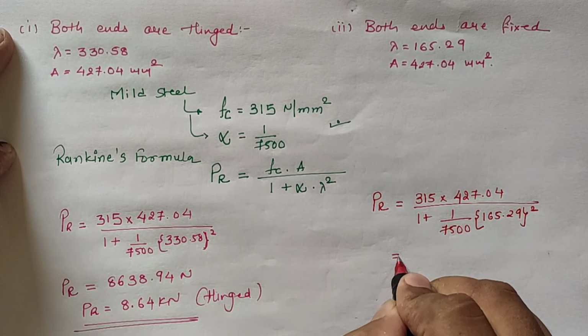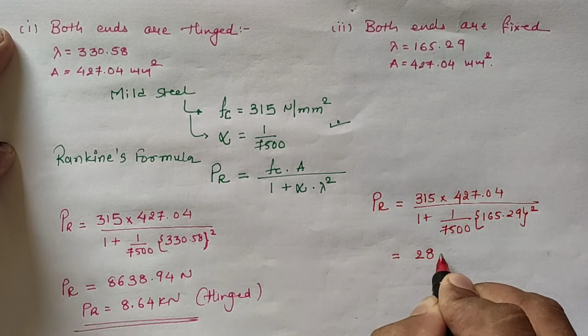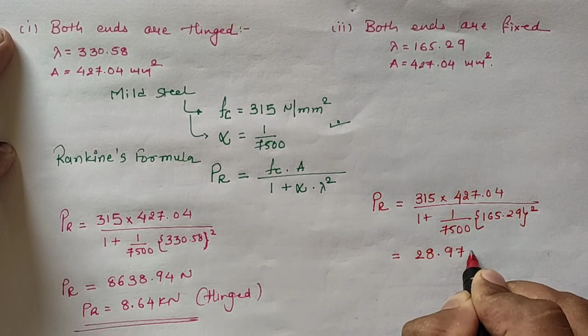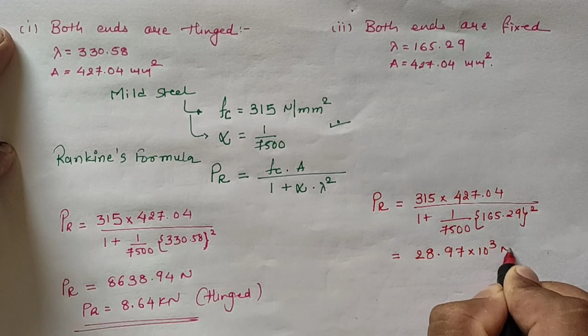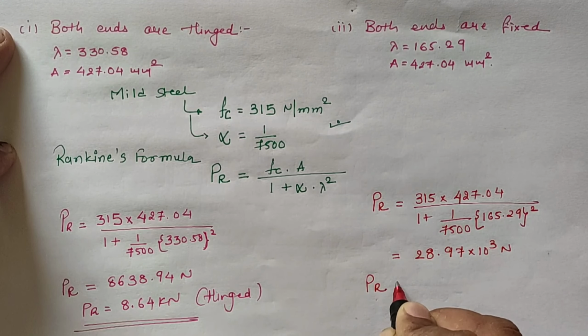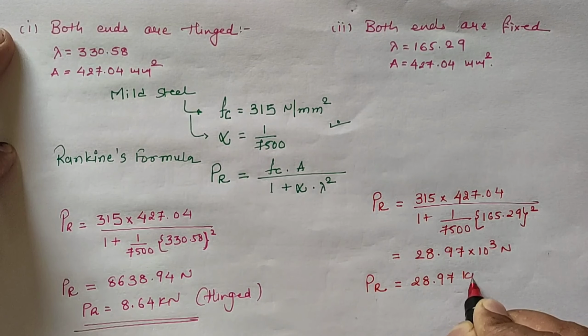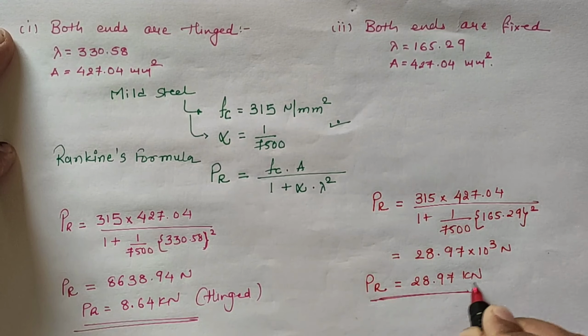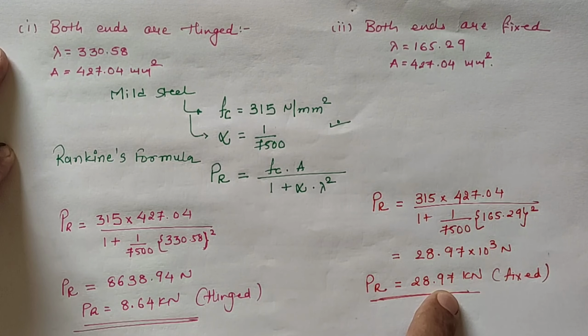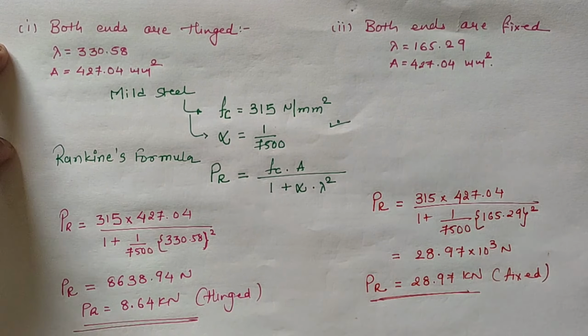Now solving this term, we will have the value as 28.97 into 10 raised to 3 Newton, and the collapse load is 28.97 in terms of kilonewton for both ends fixed. So according to the given strut, we have the collapse load as 8.64 and 28.97 kilonewton for both ends hinged and both ends fixed condition. Thank you.